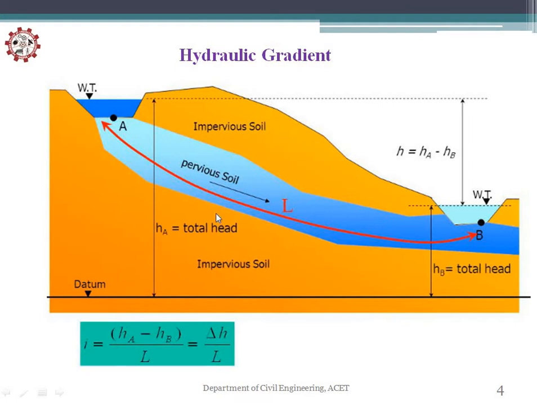Pervious means the soil which leads the water, from where the passage of water is very good and quick, but impervious means the passage of water is not so quick, it takes time. So wherever there is pervious soil, the water will try to flow to the lower level from A to B, and that height is known as the hydraulic gradient between the two water tables.